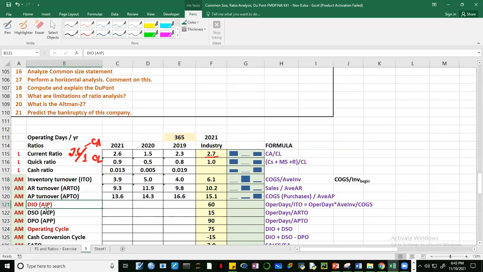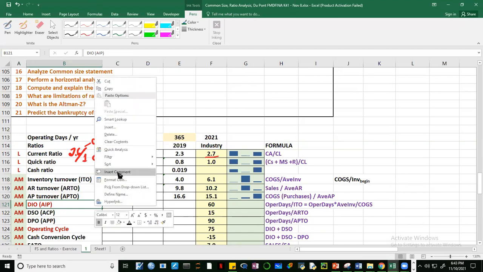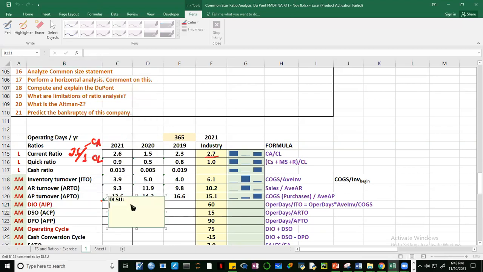So this is days inventory outstanding, or another name for that is average inventory period. I prefer using the term days inventory outstanding. Days kasi tama yung expression na days.